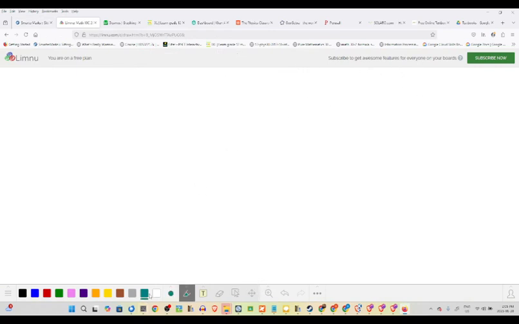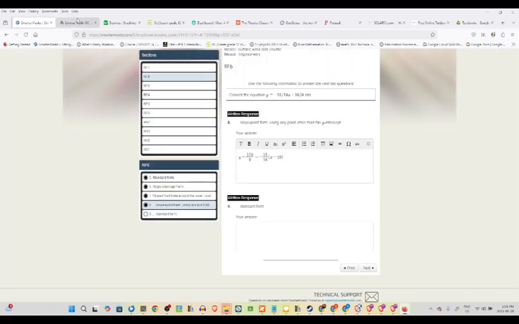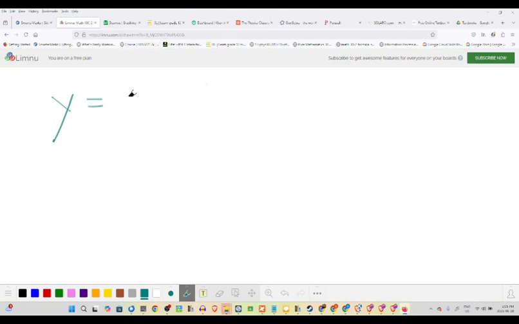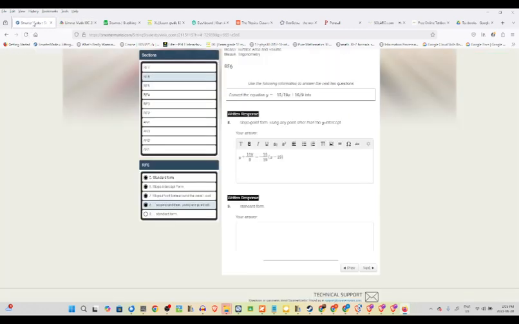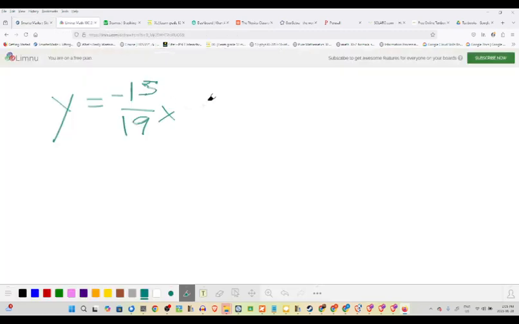So we have y equals, the original question was negative 15 over 19 x plus 16 over 9, multiplying everything by both 9 and 19.